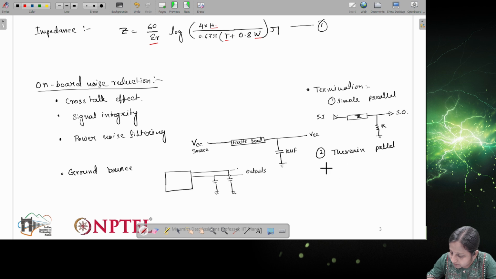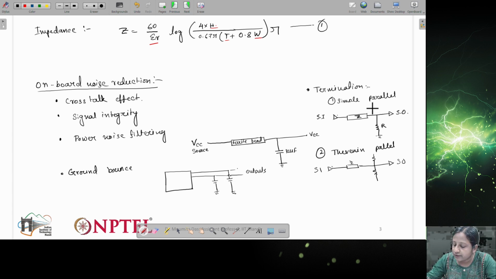There, this Z will be present, and due to Thevenin there can be two impedances connected this way, with signal output and signal input.